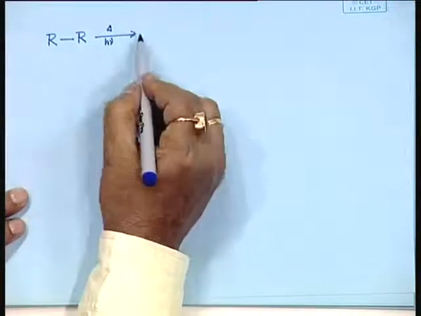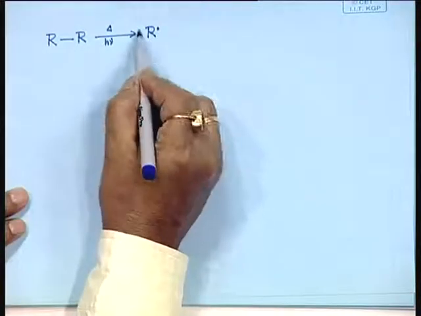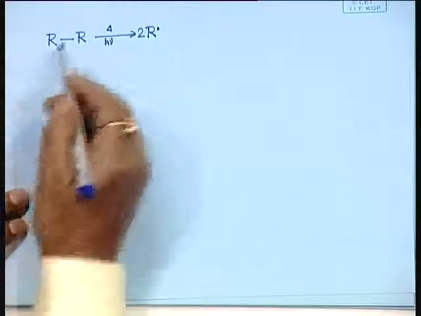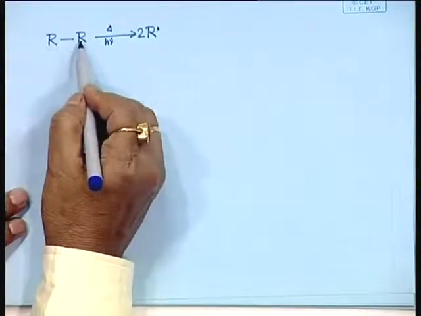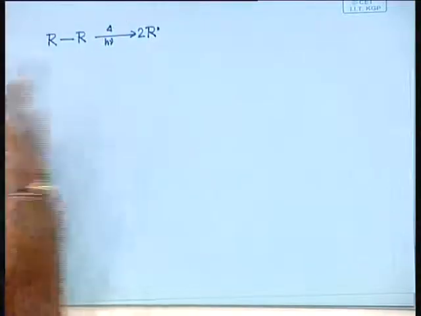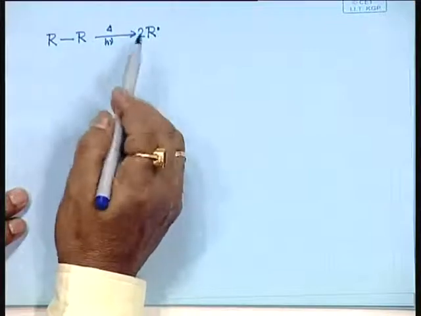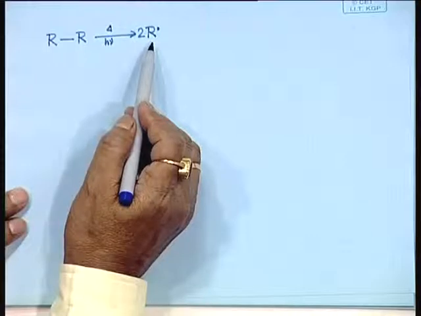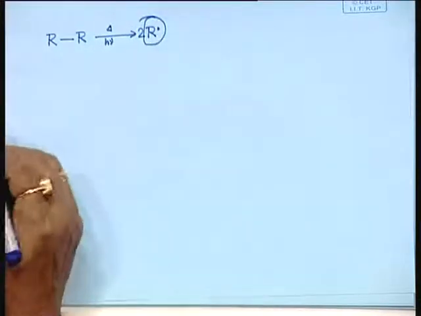So, if that is sufficient, then it will lead to form 2 free radicals like this, 2 R dot, provided these 2 electrons shared by each member are cleaved homolytically. That means each of them will take their equal share, that is called homolytic cleavage. Now, this radical is highly reactive.